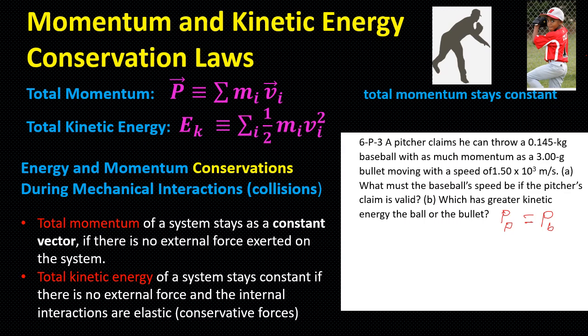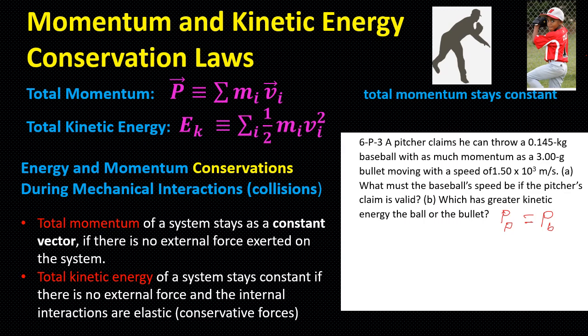A pitcher claims that he can throw a 0.14 kilogram baseball with as much momentum as a bullet, which has a mass of 3 grams and is moving at a speed of 1.5 times 10 to the third meters per second. That's very fast, about 1 mile per second. So what must be the baseball's speed if the pitcher's claim is valid?